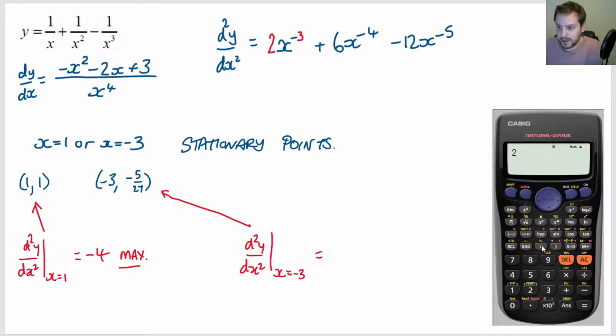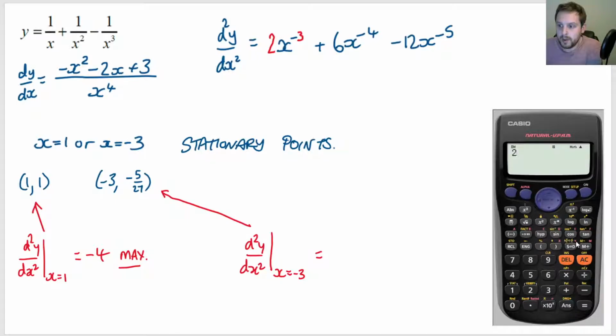But you must check. So one thing we can do is we can put -3 in. We can click M+. So now whenever I use M, it's -3. So that's one of the good things about that button.